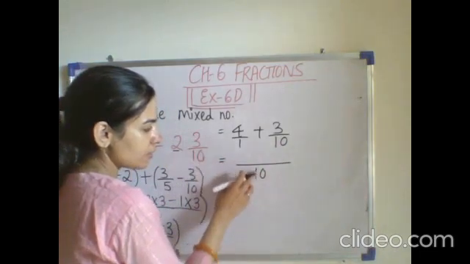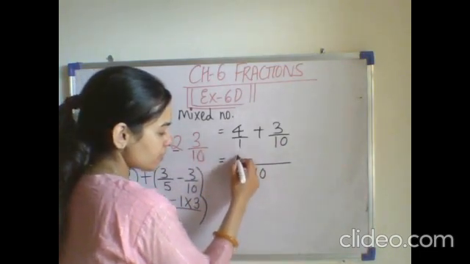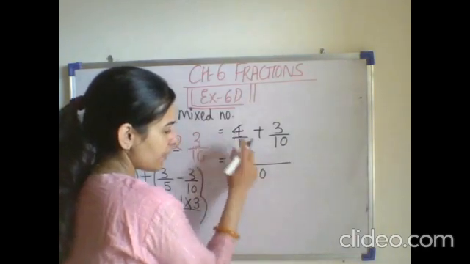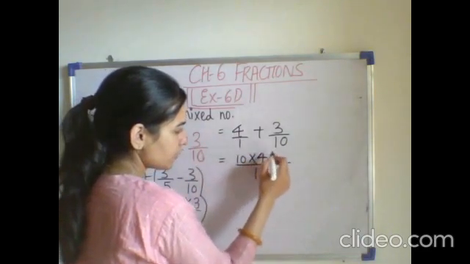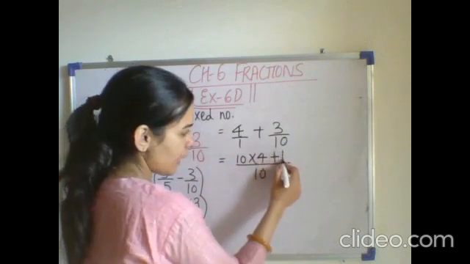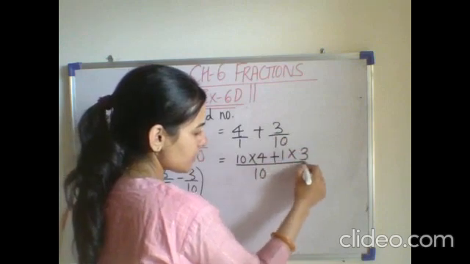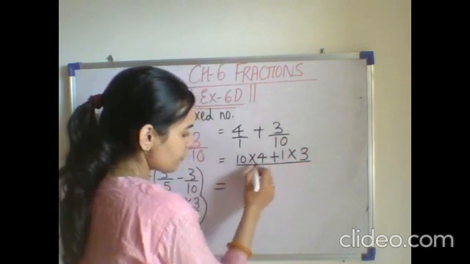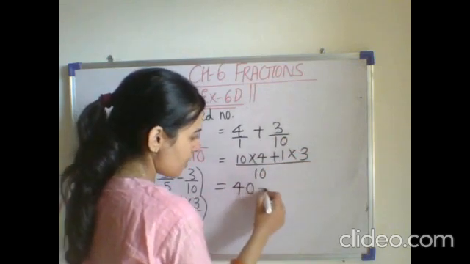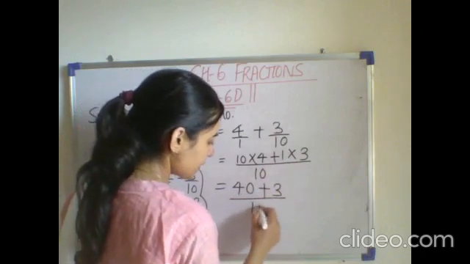So 10, if you divide it with 1, you will be getting 10 multiplied by the numerator plus 10 divided by 10 is 1 multiplied by the numerator. Numerator is 3. So 10 fours are 40 plus 1 threes are 3 upon 10.